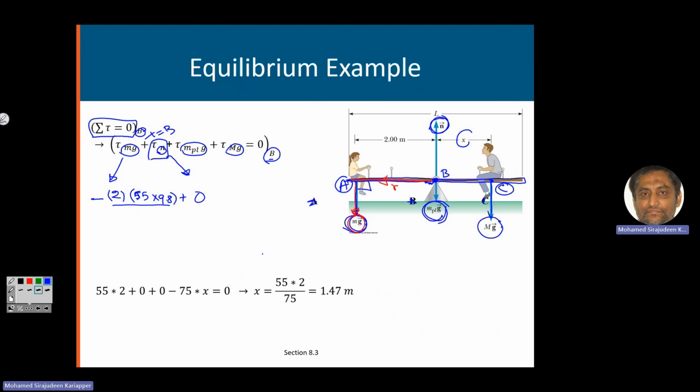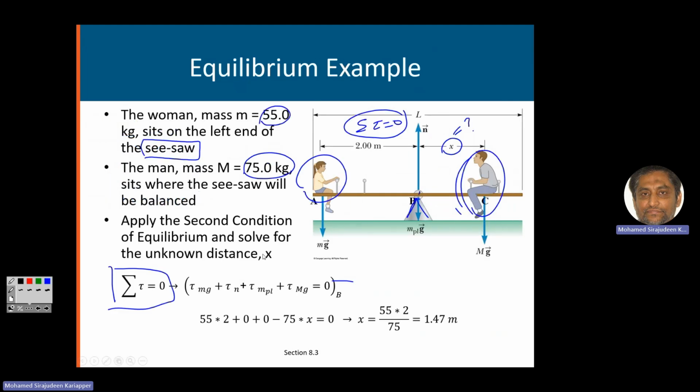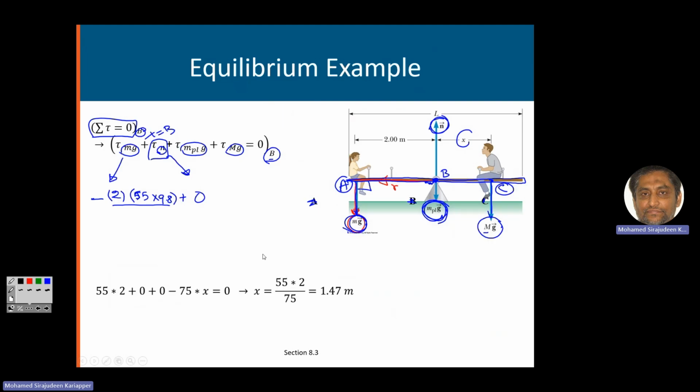It is good for us because we don't know what the normal force is. What is given to us is this force and this force. Even this one, the mass of the plank is not given. So it is also okay for us because the torque from this is also 0, because that force is also applied at the point B, and I need the distance from B, the pivot point, to where the force is applied, which is also B, so that is also 0.